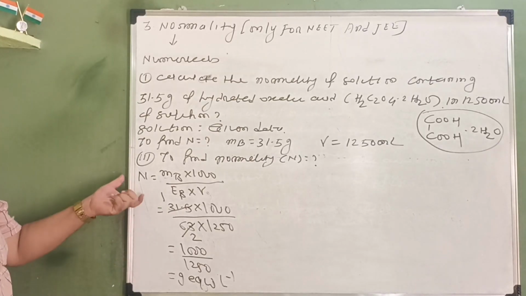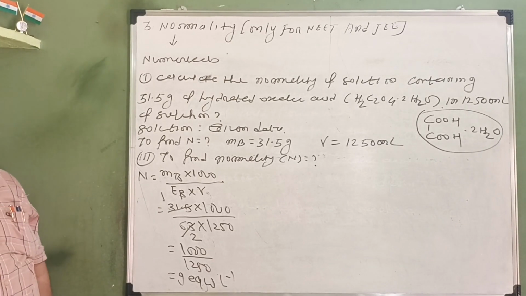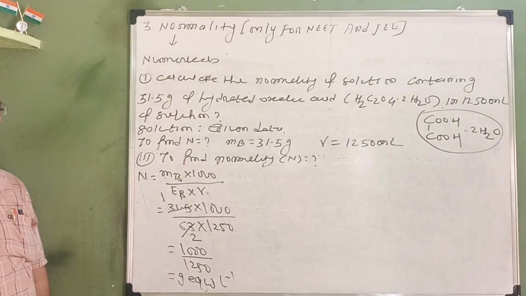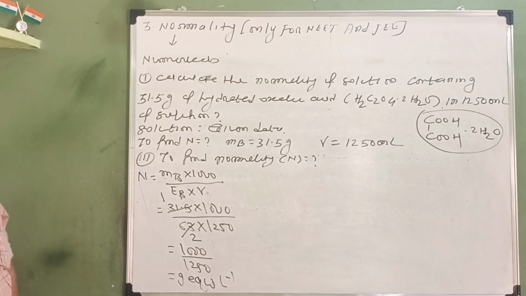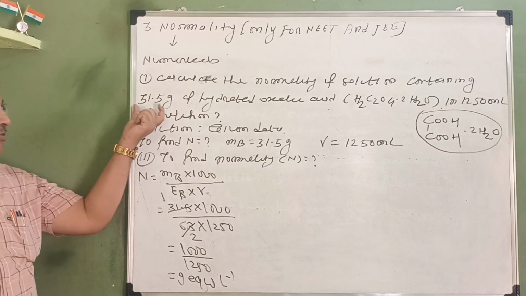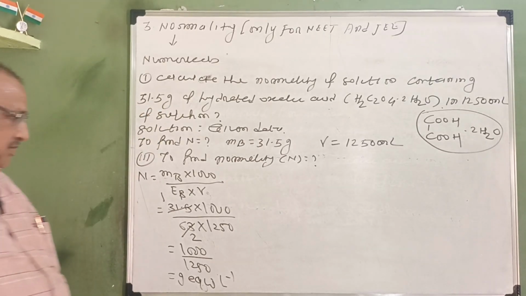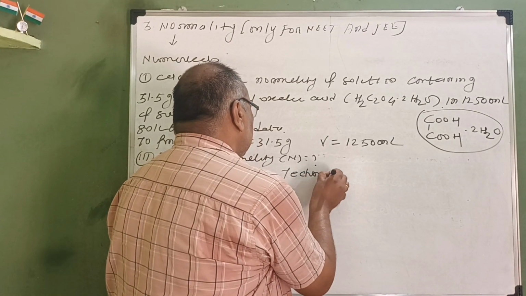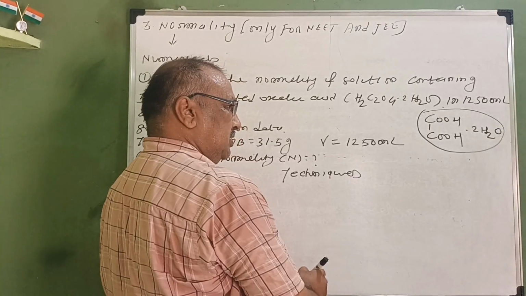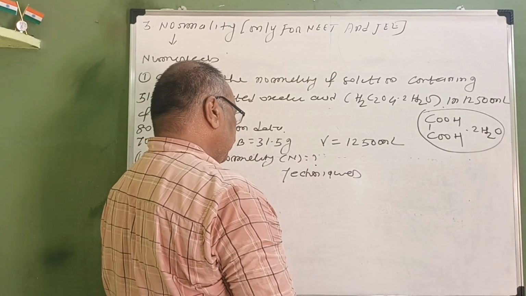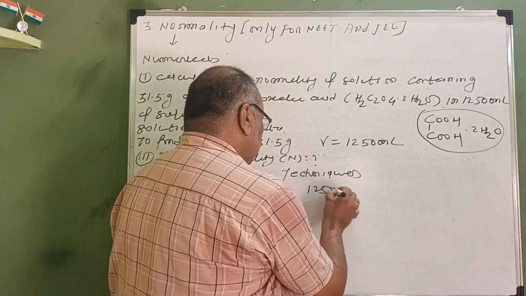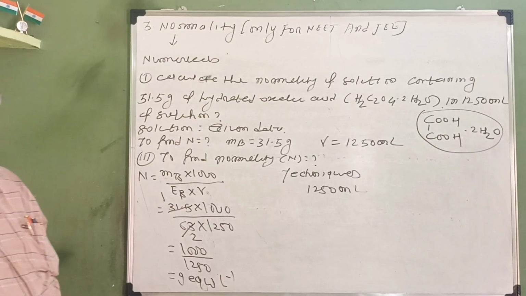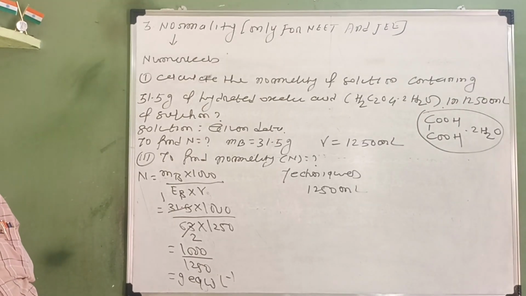Now the same numerical can also be solved by using the techniques or by the use of definition directly. What is the definition of normality? Number of gram equivalent of solute present in 1 liter of solution, that means 1000 ml of solution. Now here mass of solute is given, that is 31.5, and equivalent mass of oxalic acid is 63.